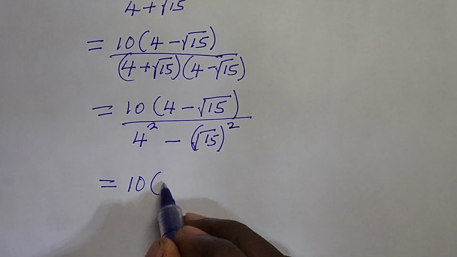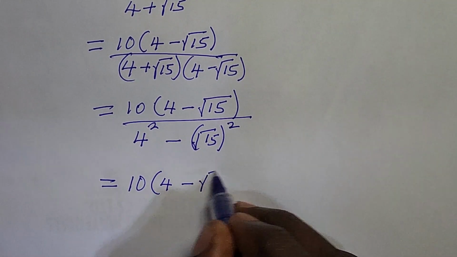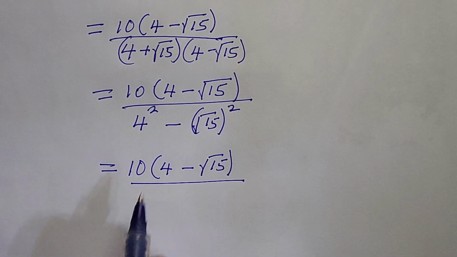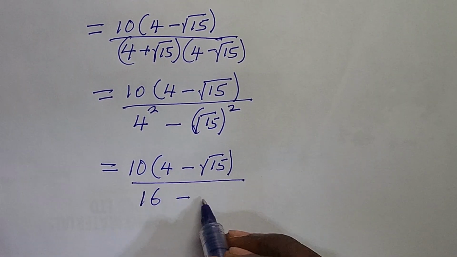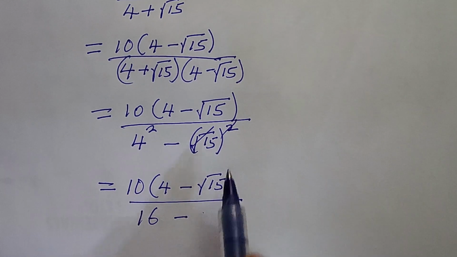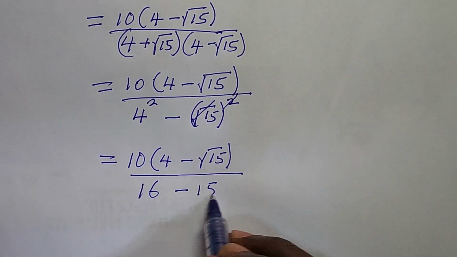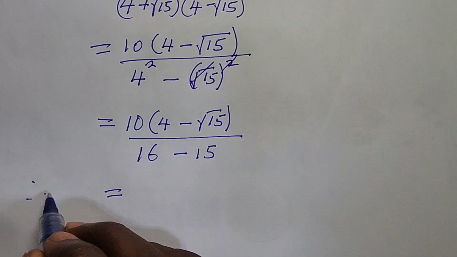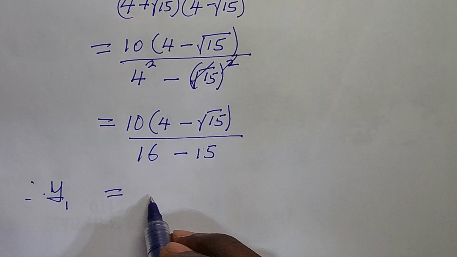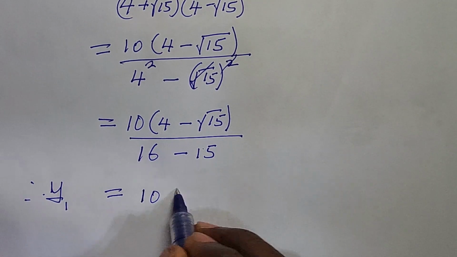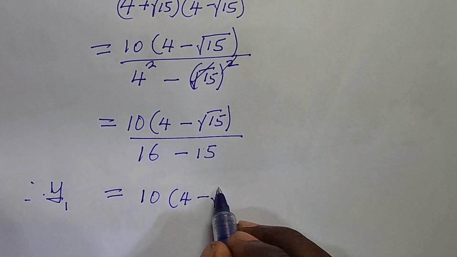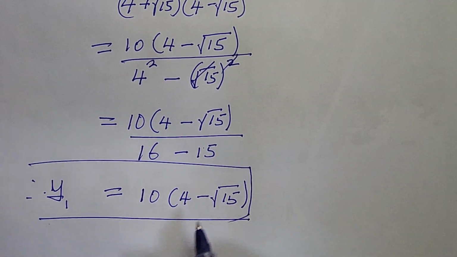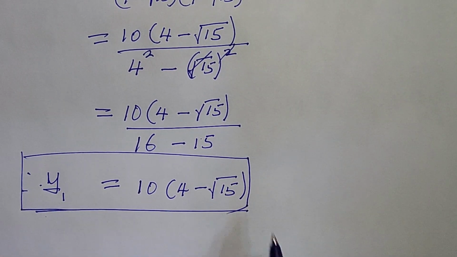So we have 10 bracket 4 minus square root of 15 close bracket all over 16 minus 15, because the power goes with the radical here. So we end up having our y1. Therefore our y1 is equal to 10 bracket 4 minus the square root of 15. Oh my goodness, this is serious and this is crazy.